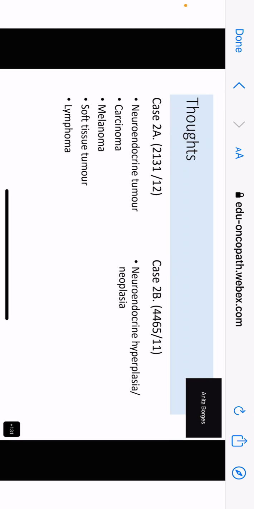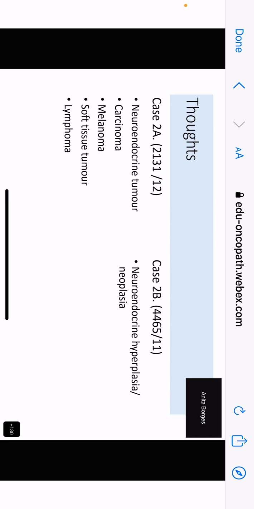Can either of them have an epithelioid appearance? Can you get an epithelioid smooth muscle tumor or an epithelioid cyst? Anybody answer the question? Yes, ma'am. Oh, excellent. So we have to consider neuroendocrine tumor, cyst, smooth muscle tumor, and lymphoma.